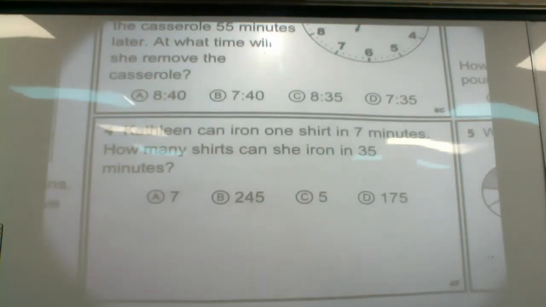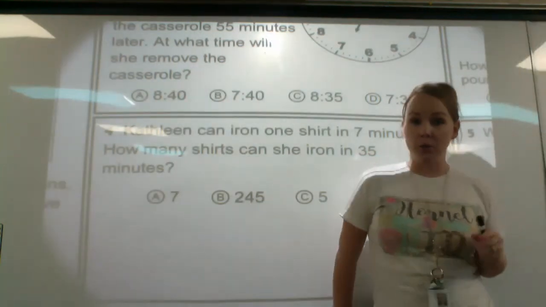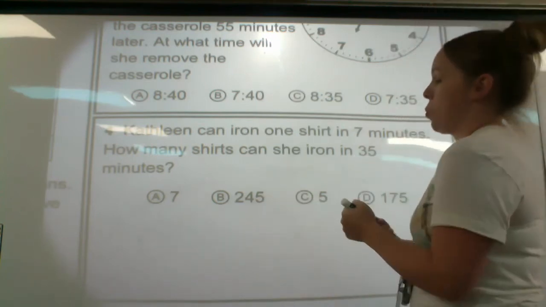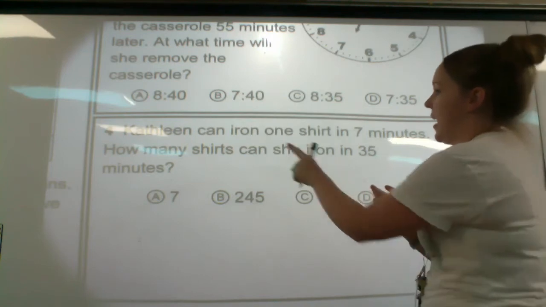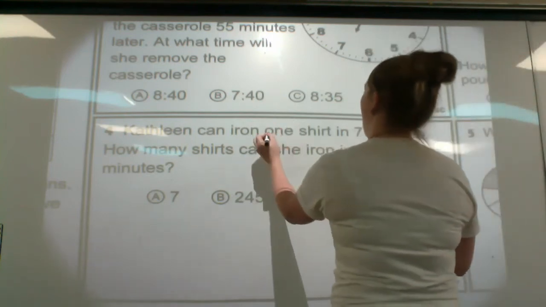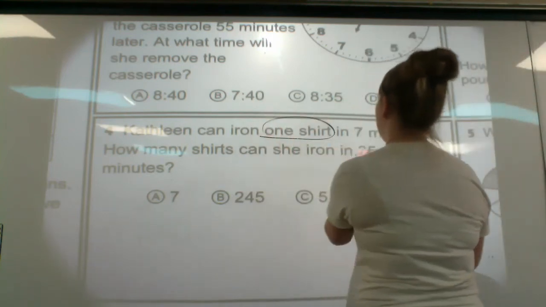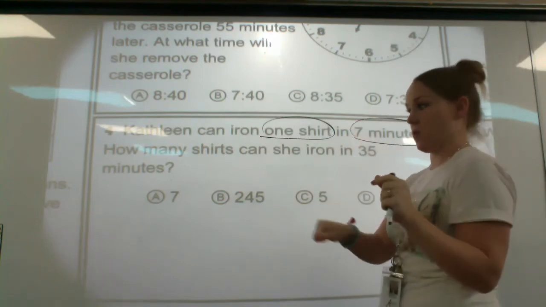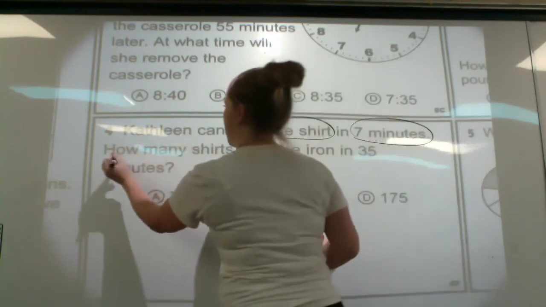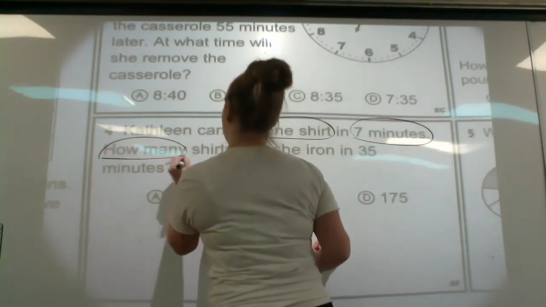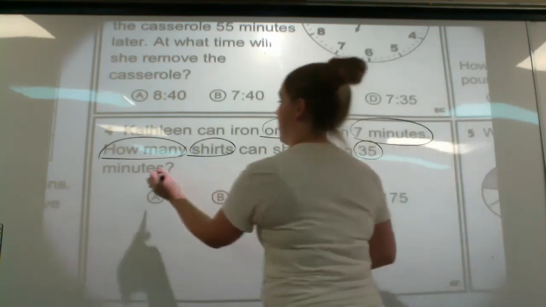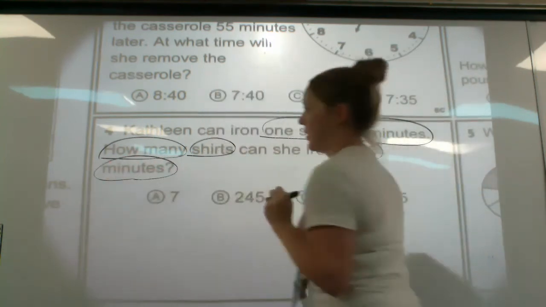Okay, let's take a look at number 4. This is on your Google form for today. So this is one that you should have answered. It says, Kathleen can iron 1 shirt in 7 minutes. So it takes her 7 minutes to iron 1 shirt. How many shirts can she iron in 35 minutes?